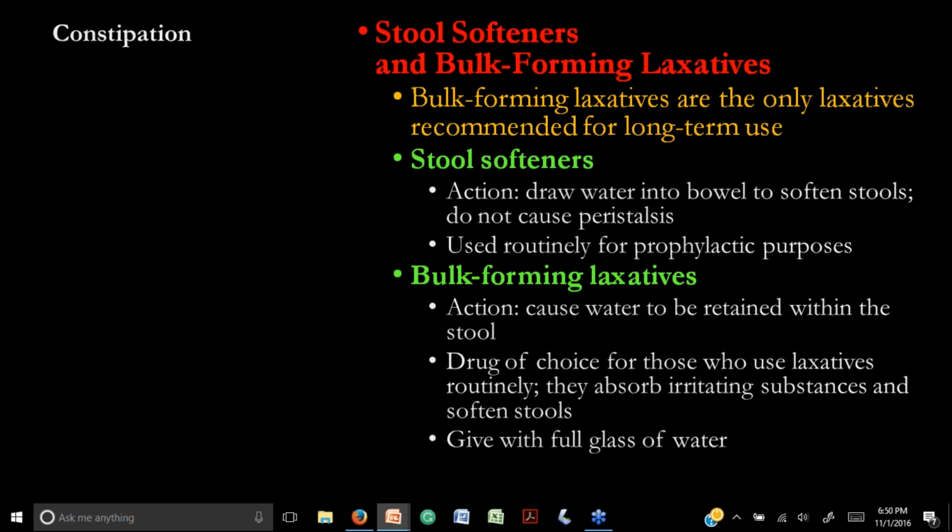The fiber cannot be absorbed, so there is a high concentration in the lumen of the intestine that is going to bring water inside the lumen. That is how the fiber forms the stools. Now, if you take this PO and you don't take enough water, you're going to make it worse, because everything is going to be dry, and that is going to produce more obstruction.